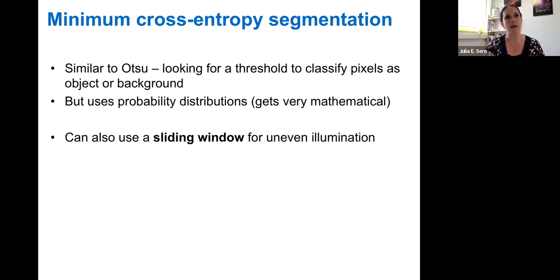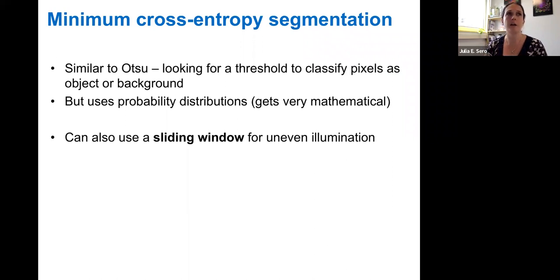There's another method. If you use a program called Cell Profiler, which is something that we use in my lab a lot, a freeware that is very commonly used for cell biology, you will also see something called minimum cross entropy segmentation. This is very similar to Otsu, because it's looking for some sort of line to draw a threshold to classify pixels as object or background.